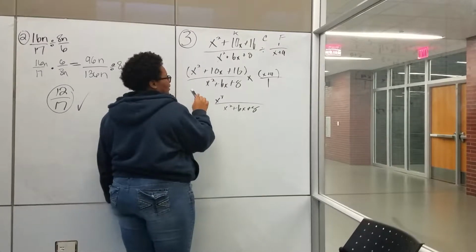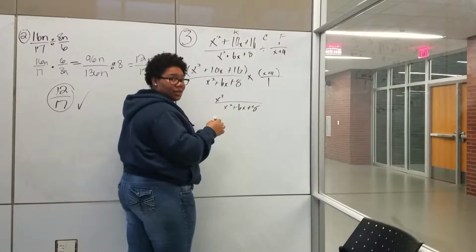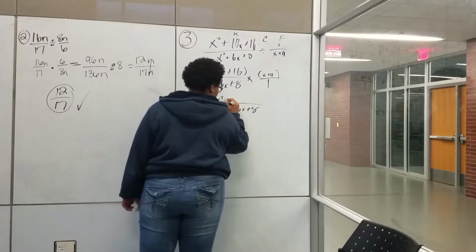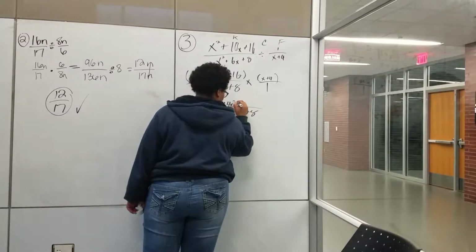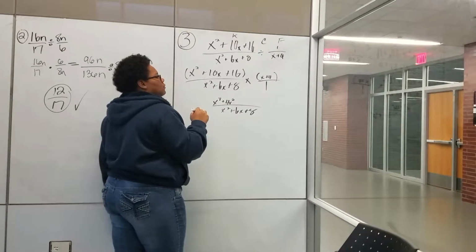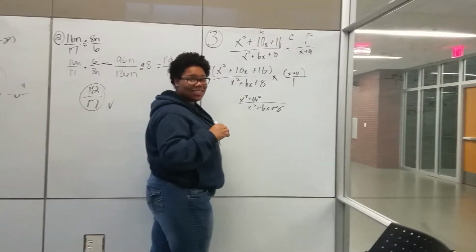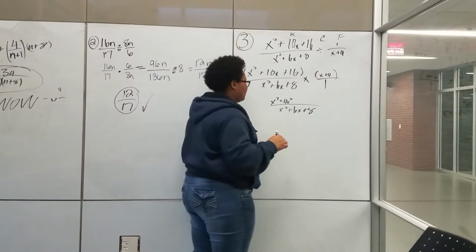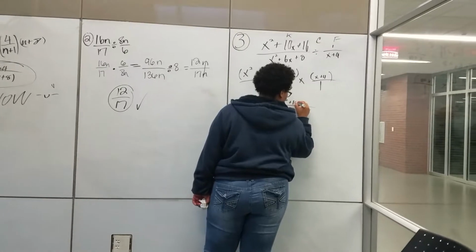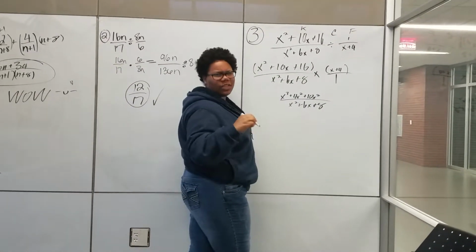And then you have x squared times 4, which is 4x squared. And then you have 10x times x, which is 10x squared. And then you have 10x times 4, which is 40x.